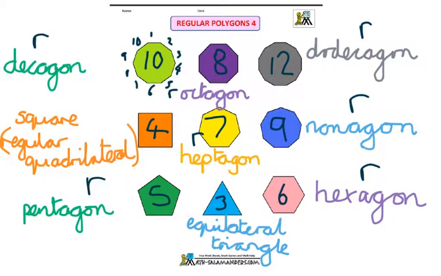But it's also important that you realise you can have all of these shapes except square and equilateral triangle as irregular as well. You can have irregular triangles and irregular quadrilaterals, but square by its very nature is regular, and equilateral triangle by its very nature is regular.